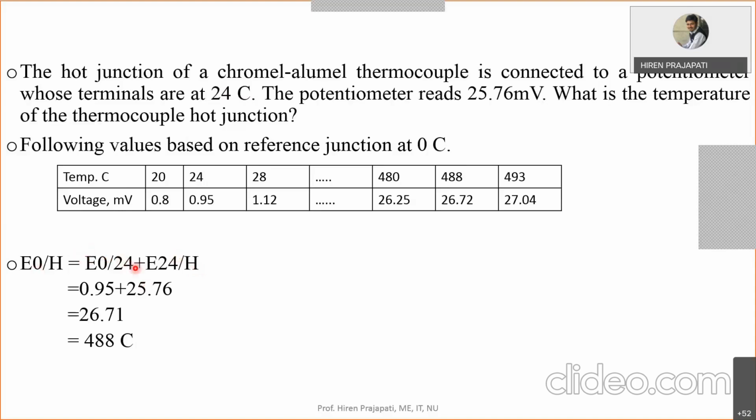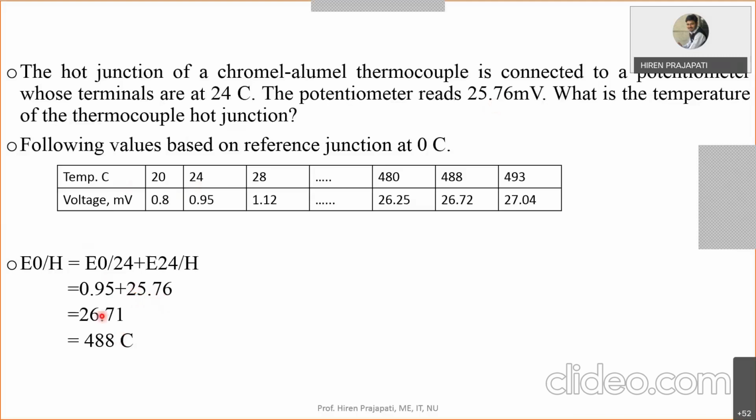Now both values are available from the table. So 0 to 24 is 0.95, plus 24 to hot junction EMF, that is 25.76, available from the potentiometer.